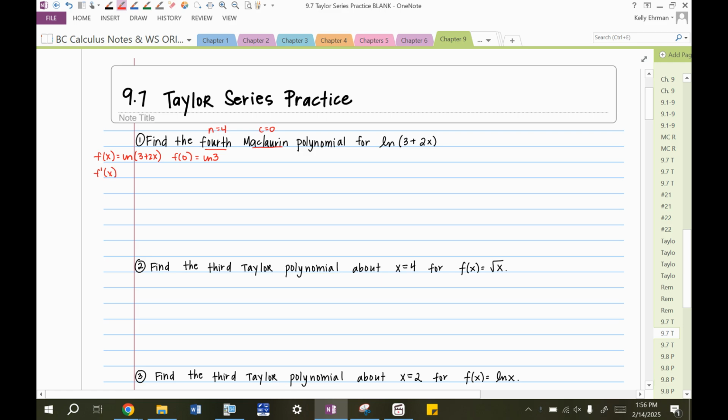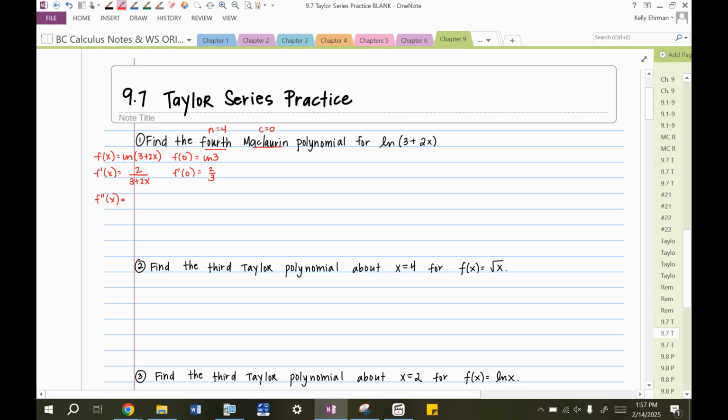f prime of x is going to be 1 over 3 plus 2x, but then you multiply by the derivative of 3 plus 2x, which is 2. And then f prime of 0 in that case would be 2 over 3. We have to do this for 4 derivatives. So second derivative.